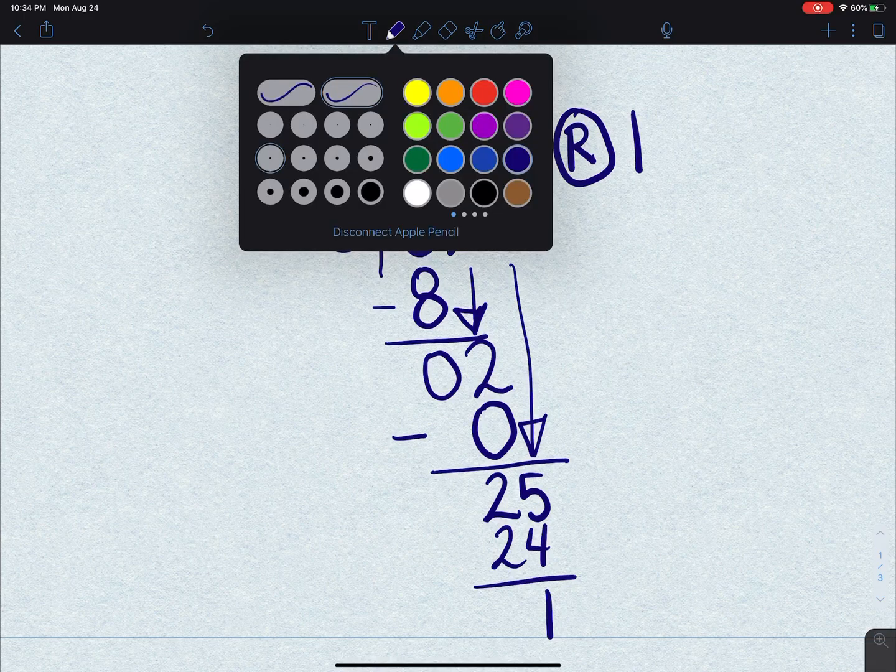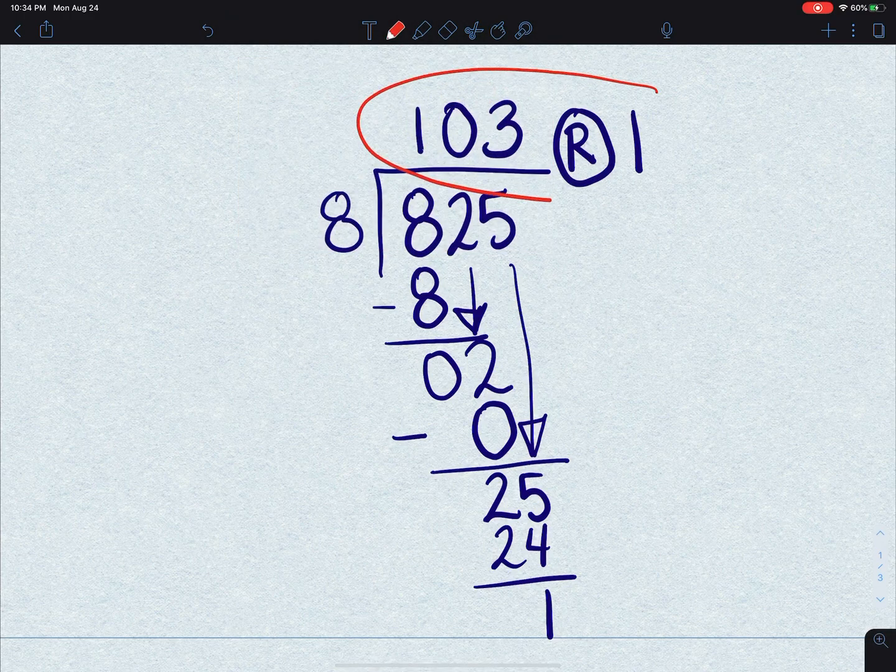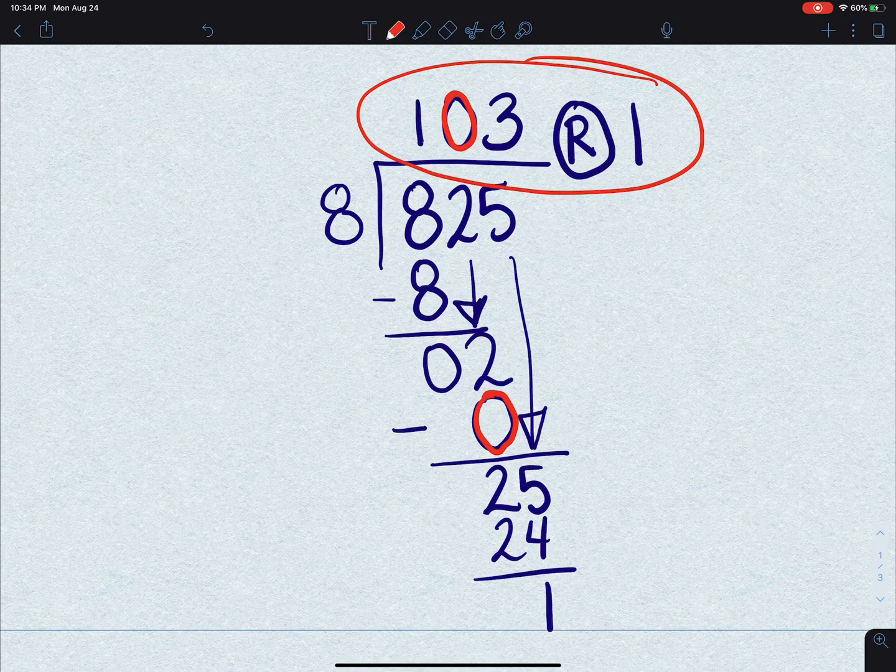Yes, that's the right answer. So it's 103 remainder 1. You know what? This is a little bit similar to that previous problem because you have to do this step and put a 0 up here. So I do want you to figure this one out and write it out as a little extra part of your homework, okay? All right.